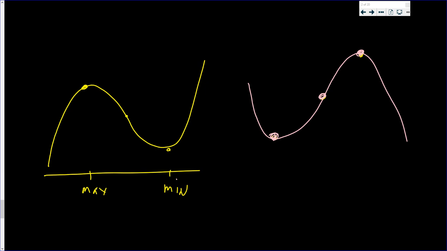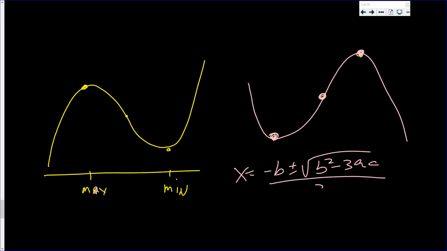You don't have to take derivatives anymore, because that formula, x is equal to negative b plus or minus, etc., already took the derivative into account. And the point of inflection formula already took it into account.